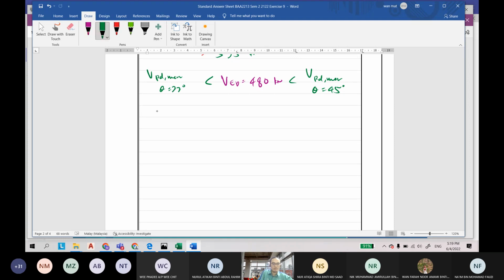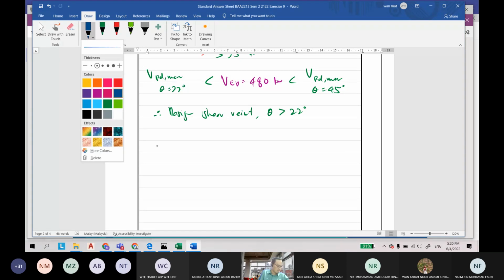So we have to design shear reinforcement, but theta is greater than 22 degree. We don't know the value of theta yet, so the additional step is to find theta.